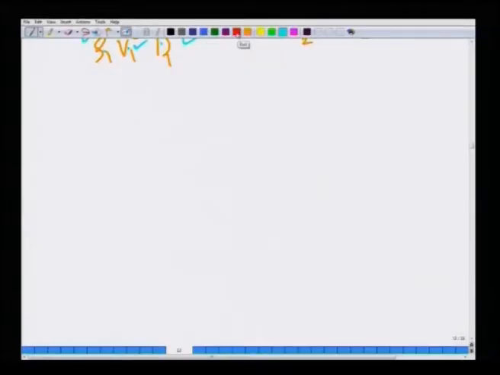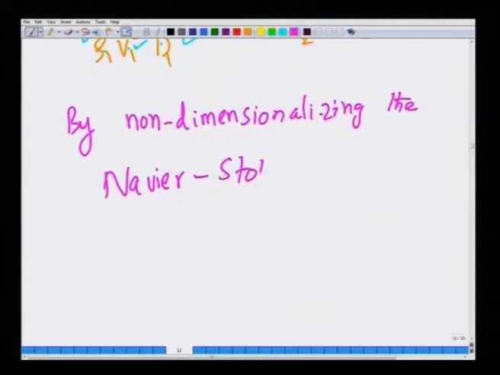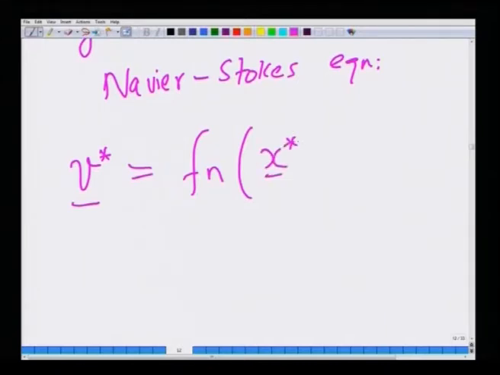By non-dimensionalizing the Navier-Stokes equation, the momentum equations, in the previous lecture, lecture number 29, what we found is that the non-dimensional velocity is a function only of the non-dimensional position, the non-dimensional time, and the Reynolds number.